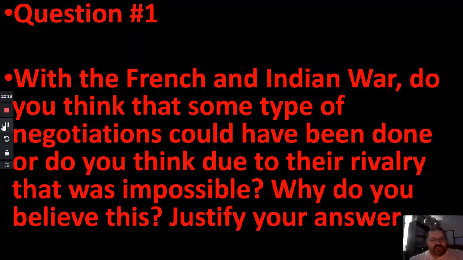You're closer to that side, we're closer to this side. Or do you think because they've been rivals for way too long that any type of discussion or negotiation would be a waste of air? What do you think?